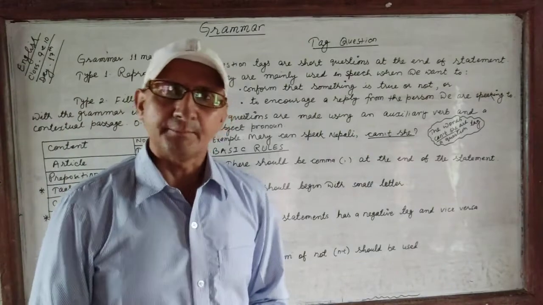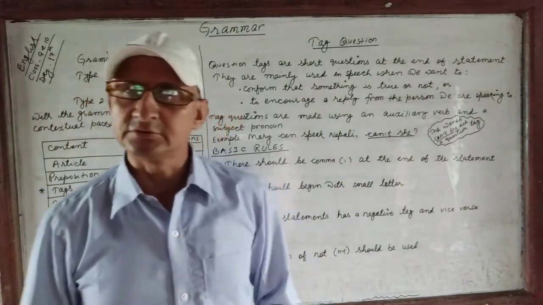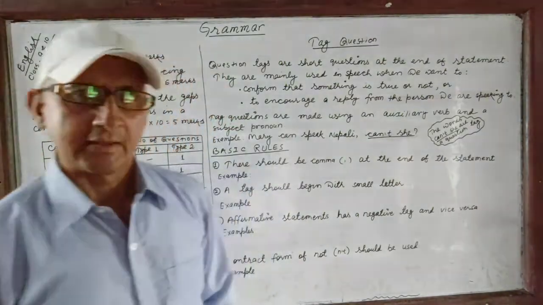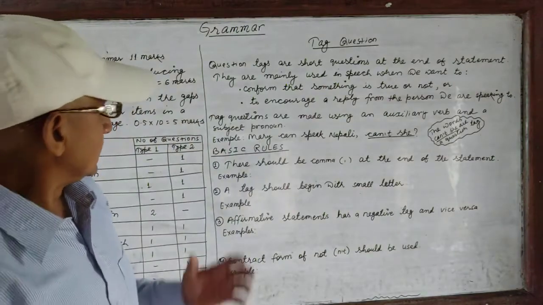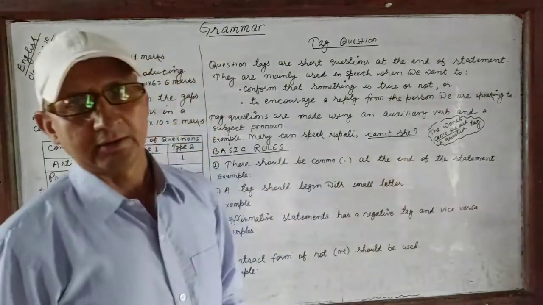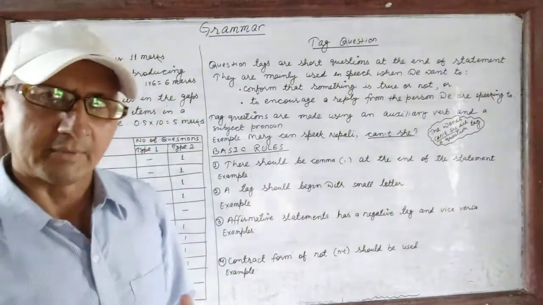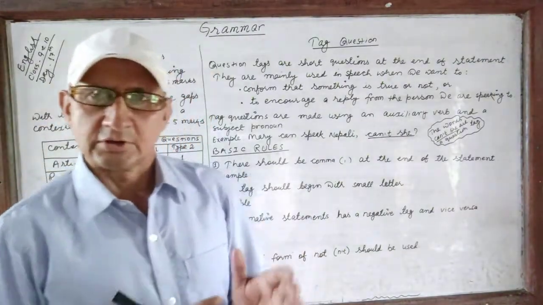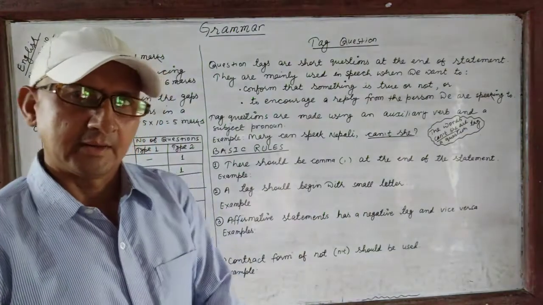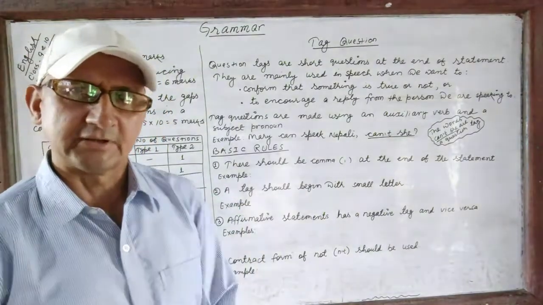Now let's read the basic rules of tag questions. The first important rule is there should be a comma at the end of the statement. The question tag consists of a statement and a tag, and there is a comma after the statement.